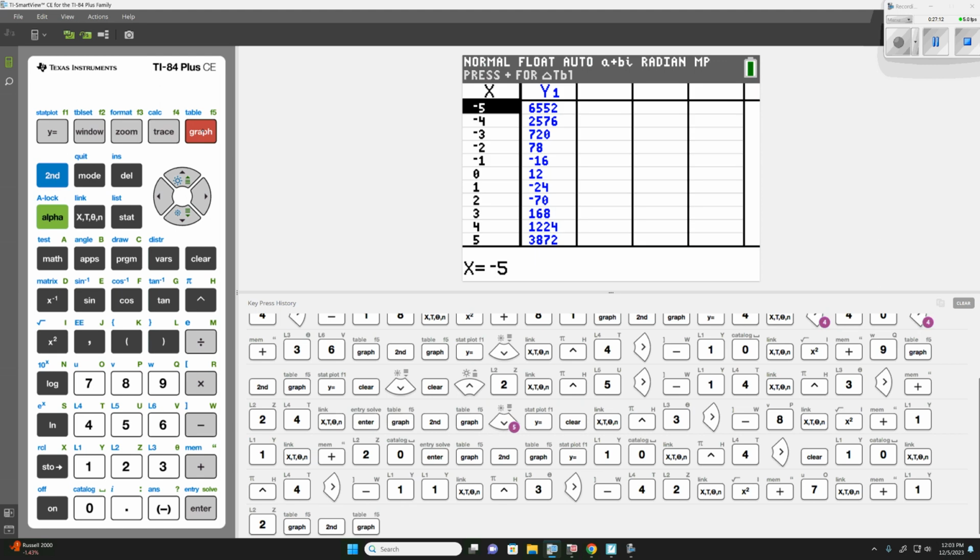Looking at the graph, none of them are at nice numbers.